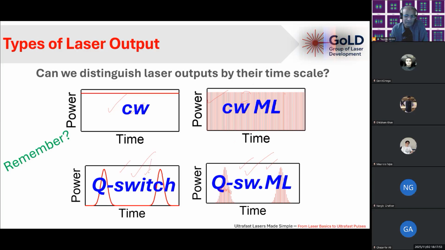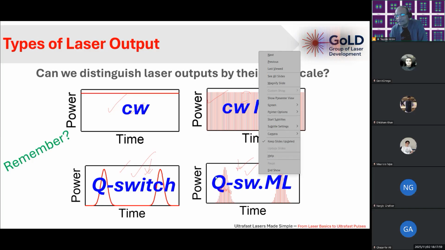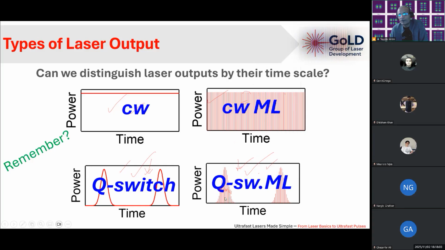Here there are pulses generated with the Q switching, and here with the Q switch and mode locking. Q switch is nanosecond or something like this, so many modes can be in one pulse here. So you can say the last one is mode locked, and this one is obviously a Q switch pulse.